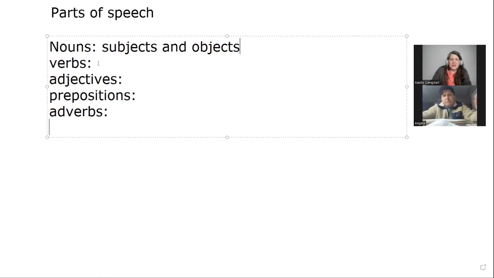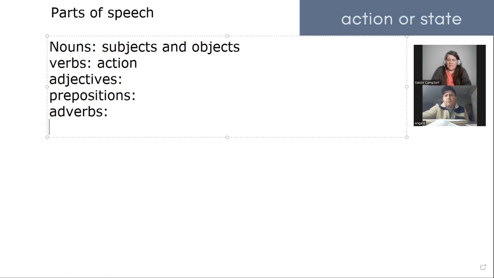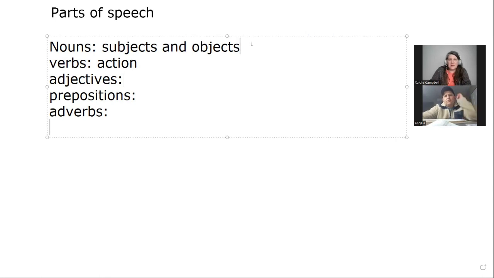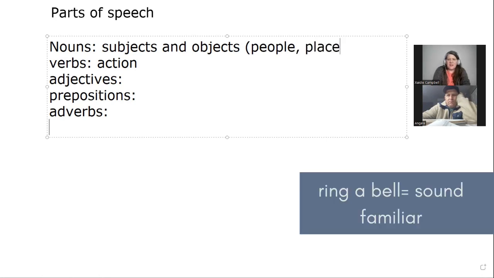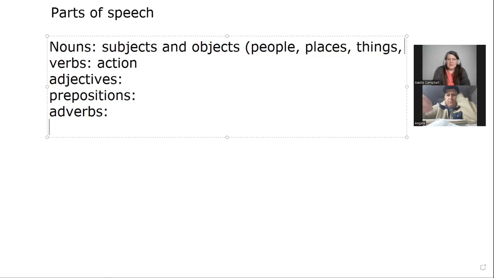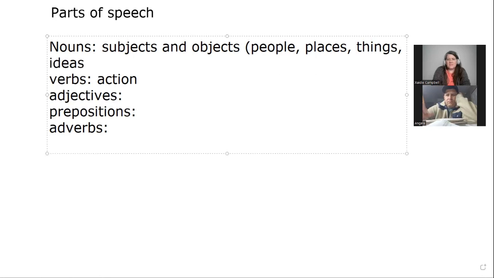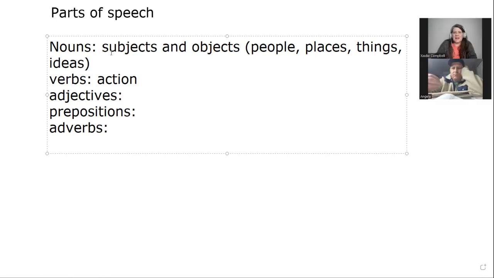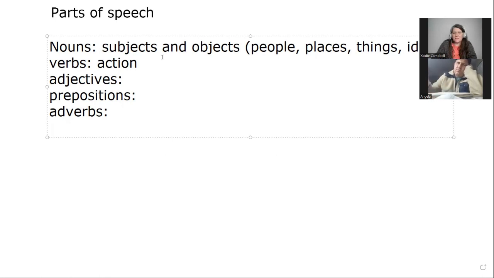Verbs are your action, whatever action is happening. Nouns will always be people, places, things, or ideas, and they act as the subjects and the objects in the sentence.